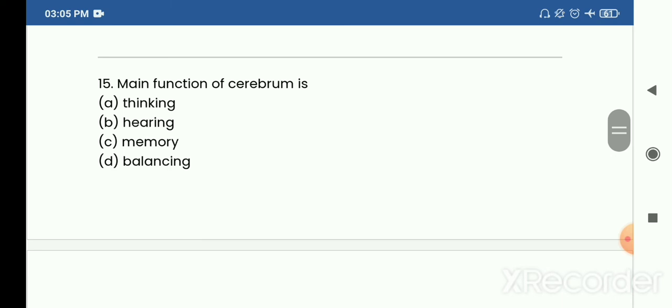The main function of cerebrum is thinking, hearing, memory or balancing. Remember, cerebellum is the organ for balancing. The main function of cerebellum is balancing, whereas the main function of cerebrum is thinking. So here option A is the correct answer, that is thinking.